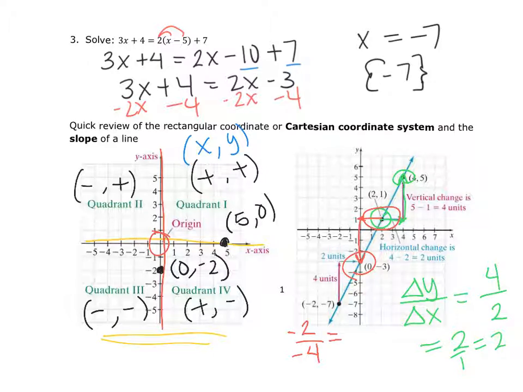So again, the slope, whether I go right and up or left and down, because these are both positive, is still going to end up with 2 over 1 or just 2. It doesn't matter which way you go from a starting point to your next point, just as long as you think of right as positive, up as positive, left as negative, and down as negative.